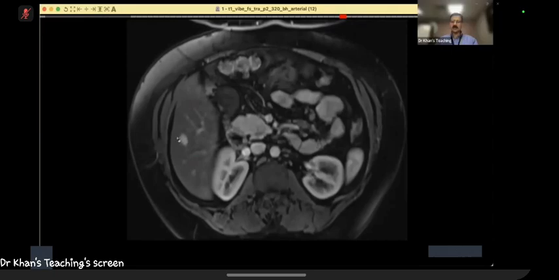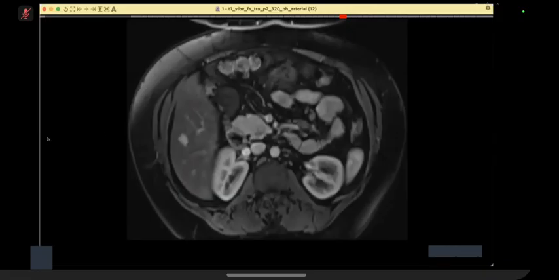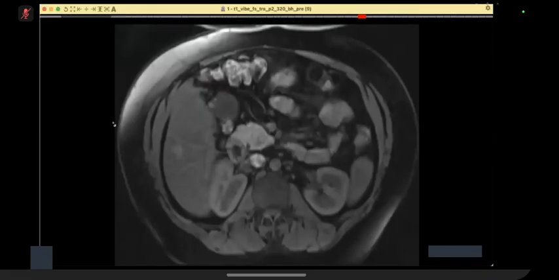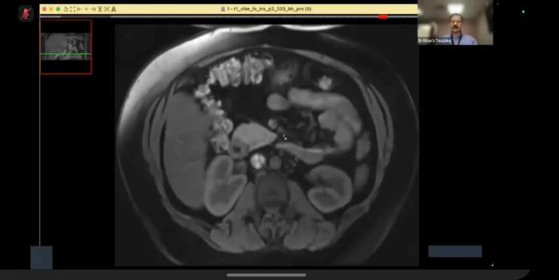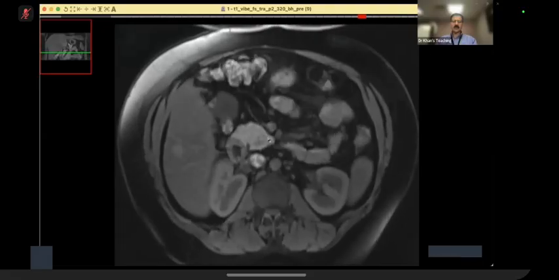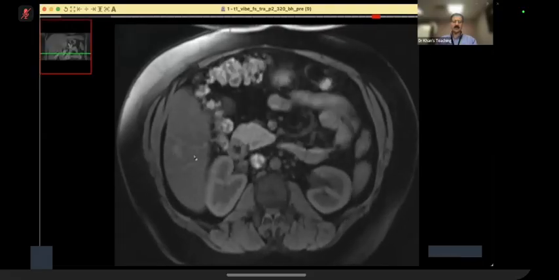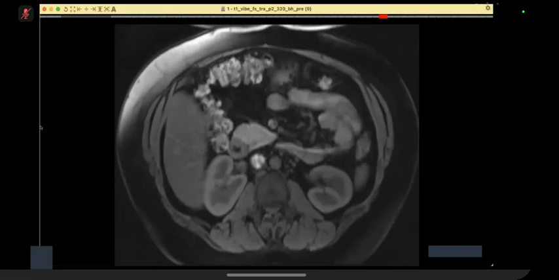This is the mass, right? What is it doing? It is enhancing. This is a pre-contrast T1 weighted sequence. On the pre-contrast T1 weighted sequence, this is the lesion. It's slightly high.